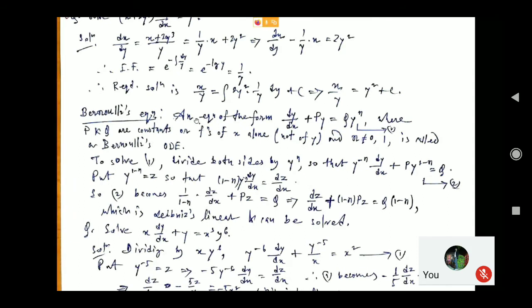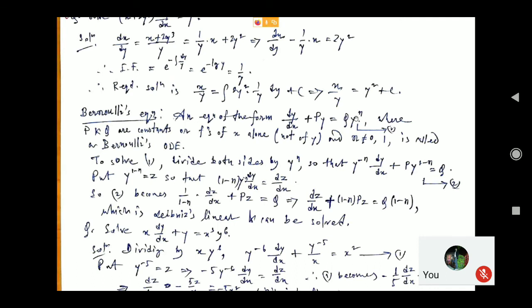Bernoulli's equation is an equation of the form dy/dx plus py. Leibniz equation was dy/dx plus py equal to q. Bernoulli's equation has an extra factor, which is dy/dx plus py equal to q into y to the power n. This is the extra factor.